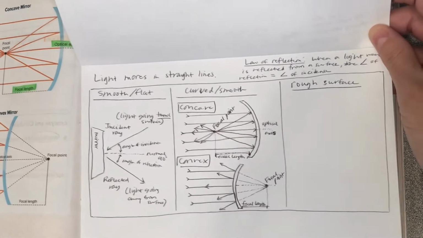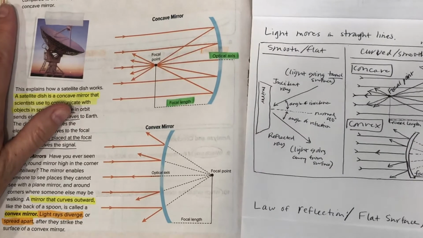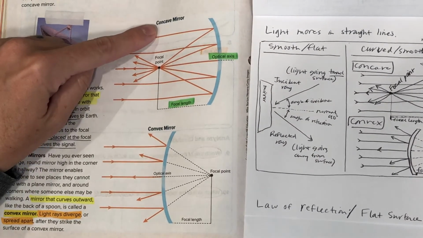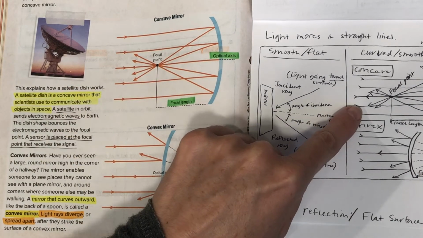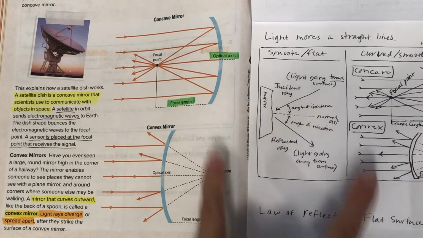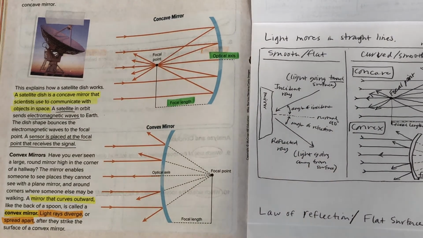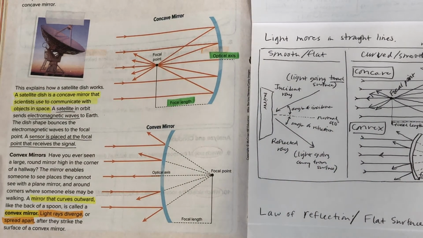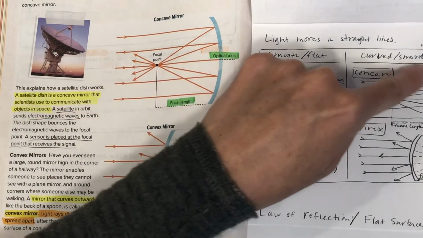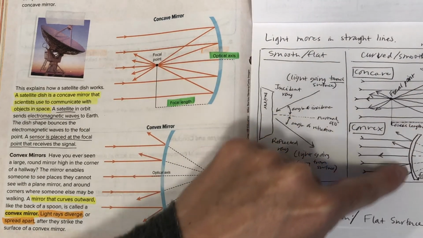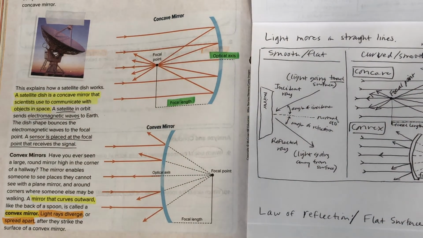So you want to take the two pictures from today's book on page 96 for concave and convex mirrors, and draw those again here. I would also label those in case you forgot. Concave is an inward curve, and convex is an outward curve.